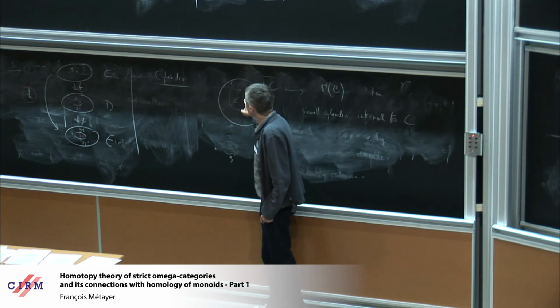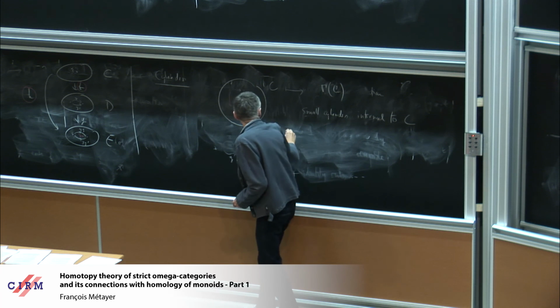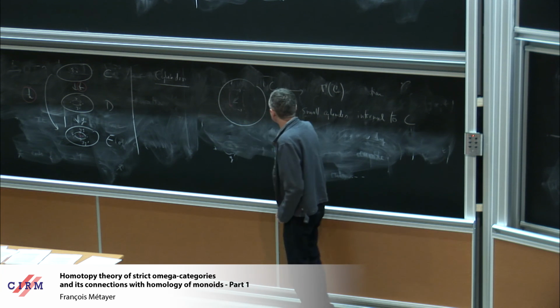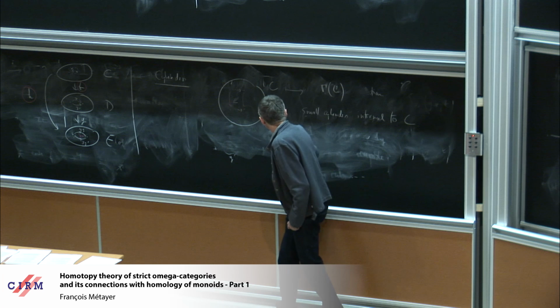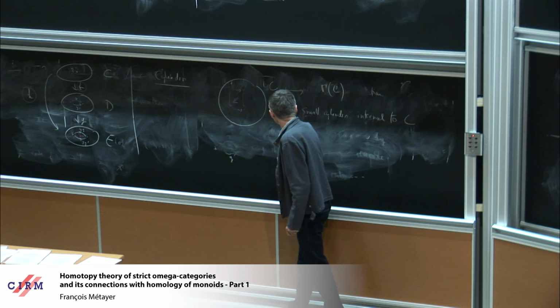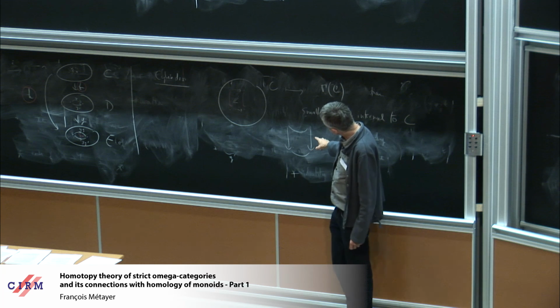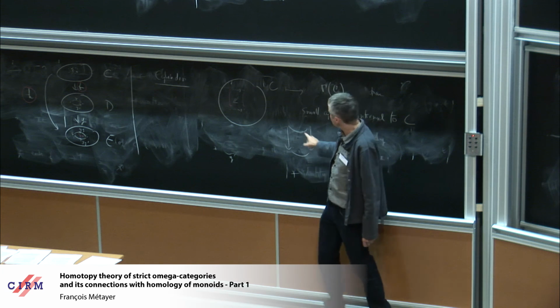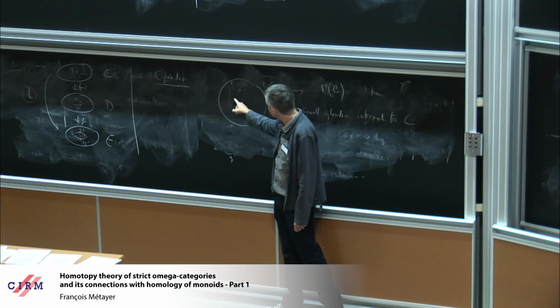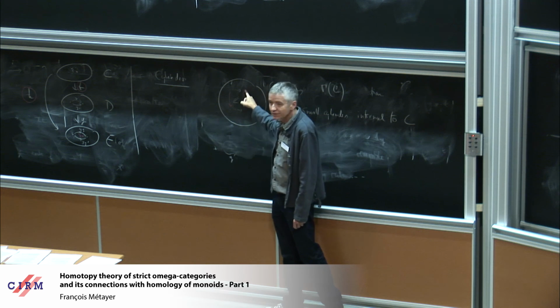Cylinders of dimension 2, you get two cylinders like this, so one like this, one like this. You will ask them to be parallel, so that in this setting, this will be the source of this cylinder, and this the target.